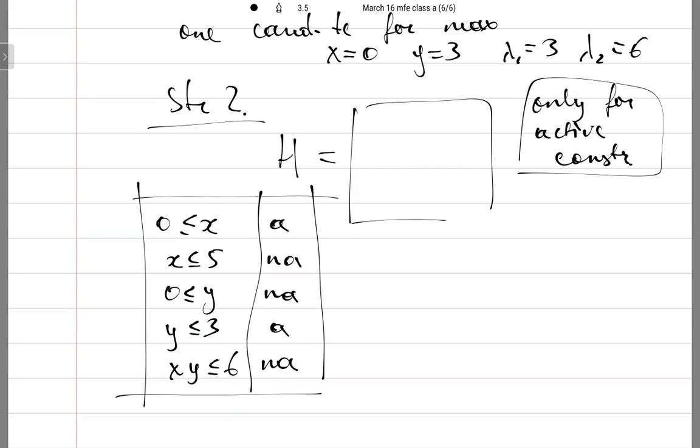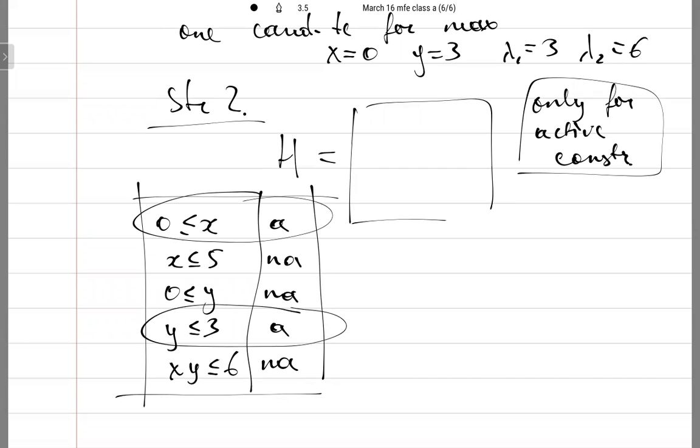The problem is that in this case I have two active constraints.